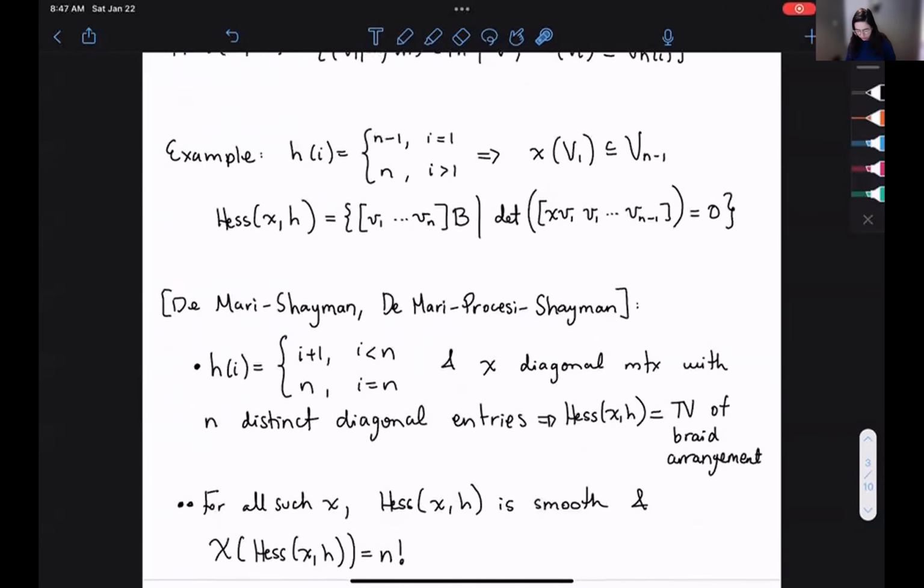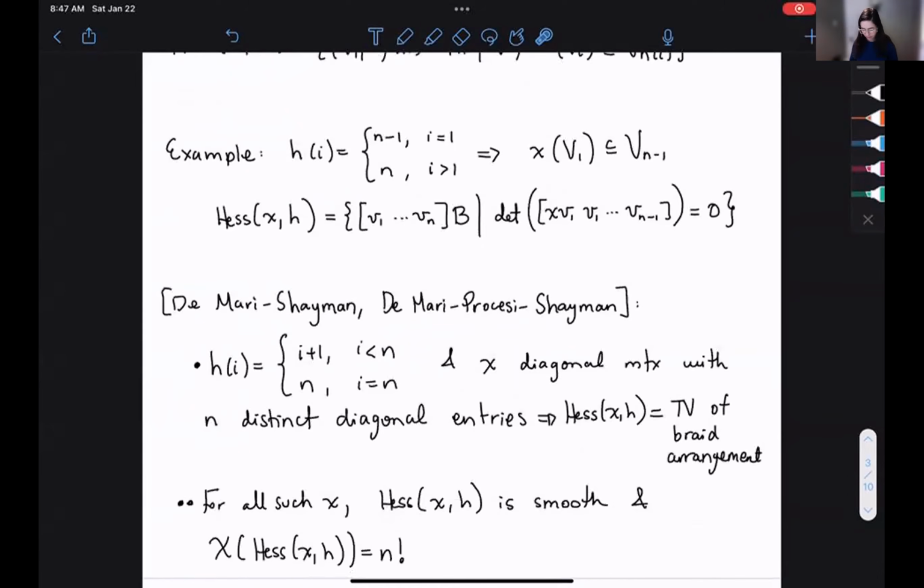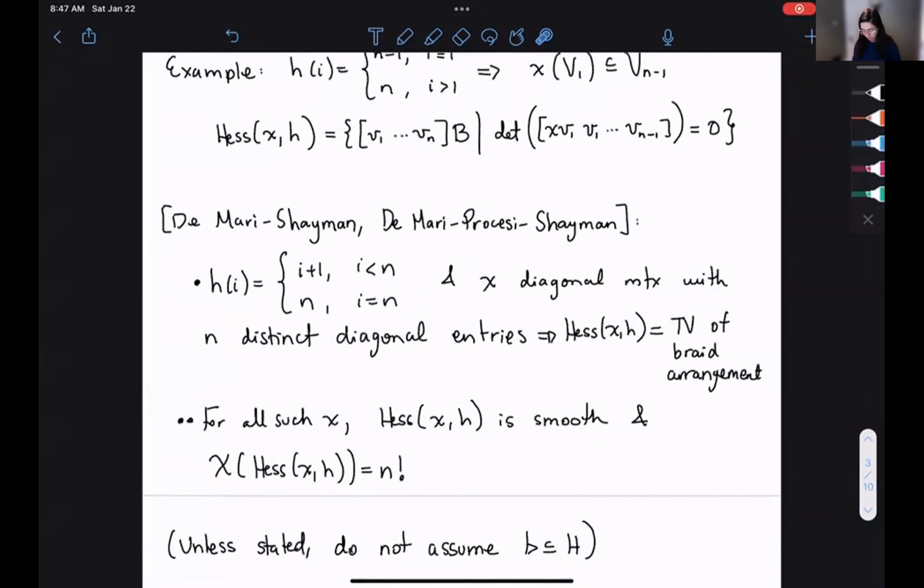Now, for all such X, let me consider general Hessenberg functions, but fixing X to be a diagonal matrix with n distinct diagonal entries. Your Hessenberg variety is always smooth, and its Euler characteristic is n factorial. So this is a nice family of Hessenberg varieties.